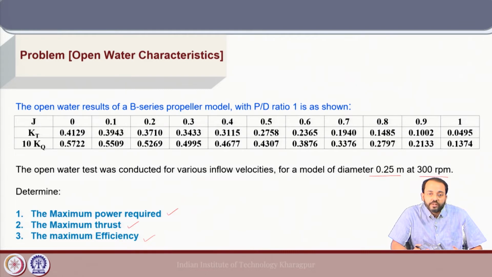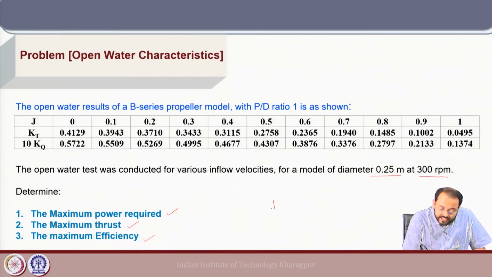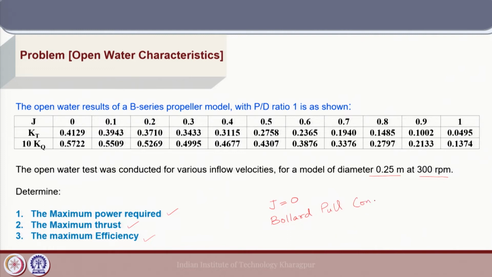It is the Bollard pull condition, or the condition where J equal to 0, given by the point where Va, the velocity of advance, will be 0, which eventually means that J will be 0.